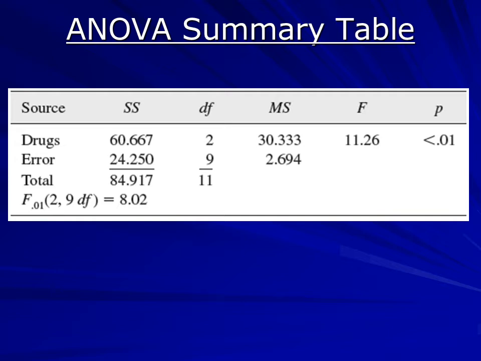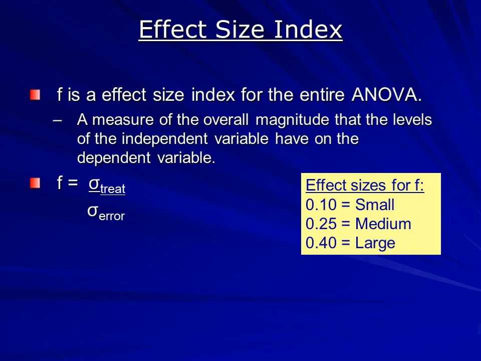And so I told you that we're going to talk about effect sizes here. So in the next slide, let's talk about an effect size for an F-test. So here's an effect size index for an F-test. So what does that mean? We've already been talking about effect sizes, and I want you to make sure that you keep up with the idea of the effect size. So you've got an effect size index for r, a correlation: 0.1, 0.3, 0.5.